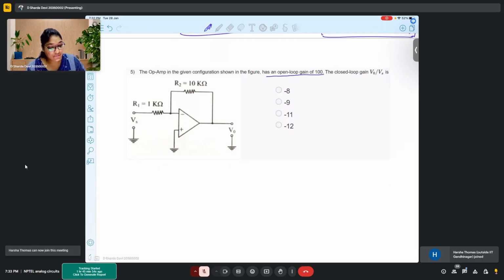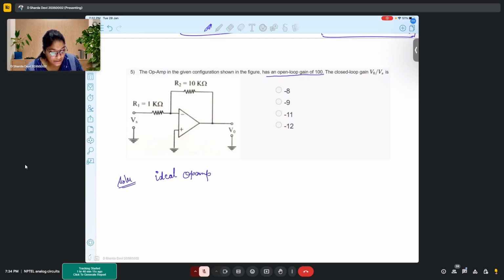You have to find the closed loop gain of V out by Vs. So when we said an ideal op-amp, what we basically meant is the open loop gain of that op-amp is infinity. That was the idea. But now here you have your open loop gain as 100.